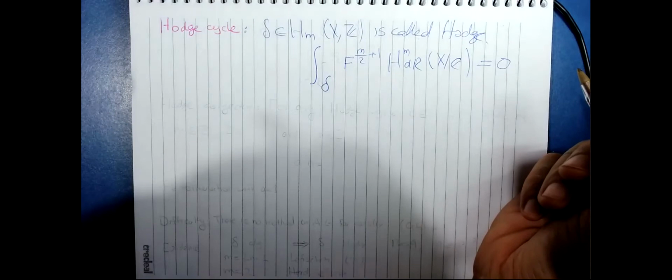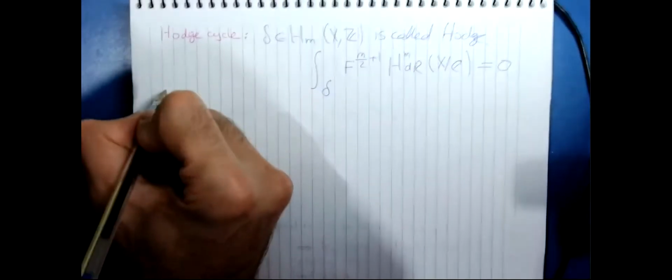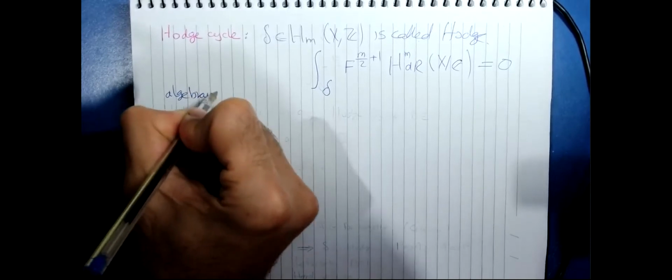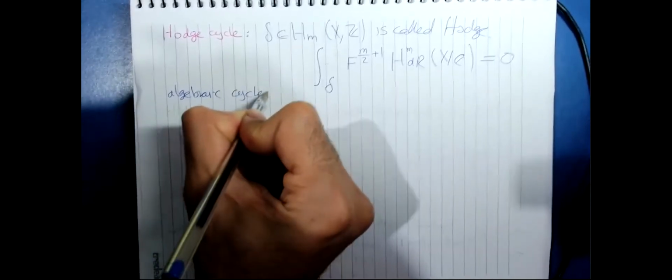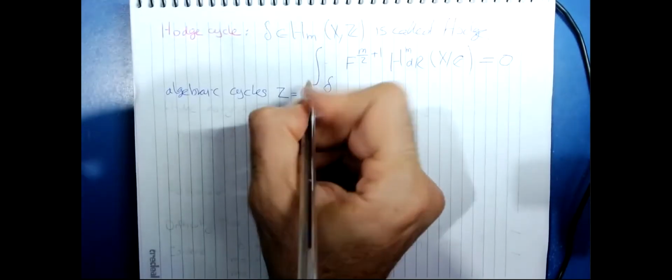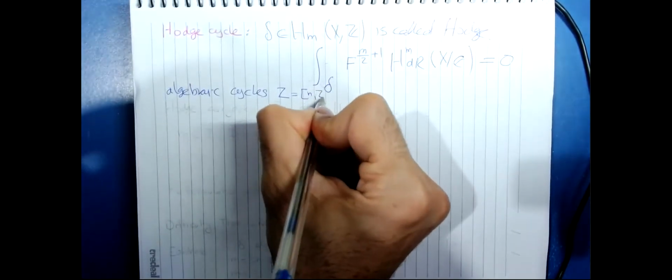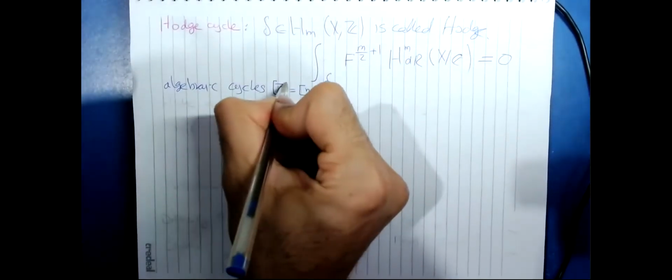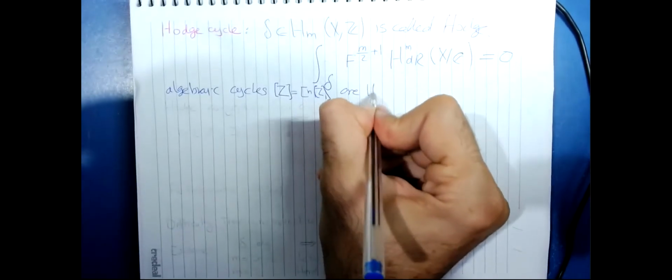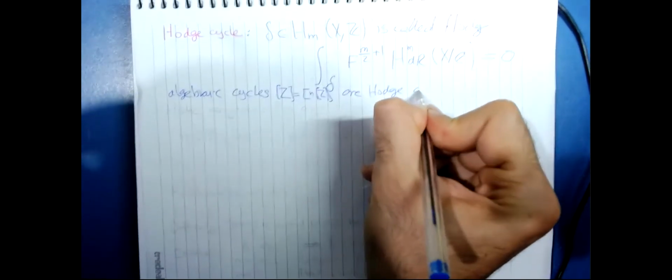And where does this come from? Because we have proved that algebraic cycles, which by definition are just this Z or sum of n_i Z_i, taking their homology classes, are Hodge cycles.